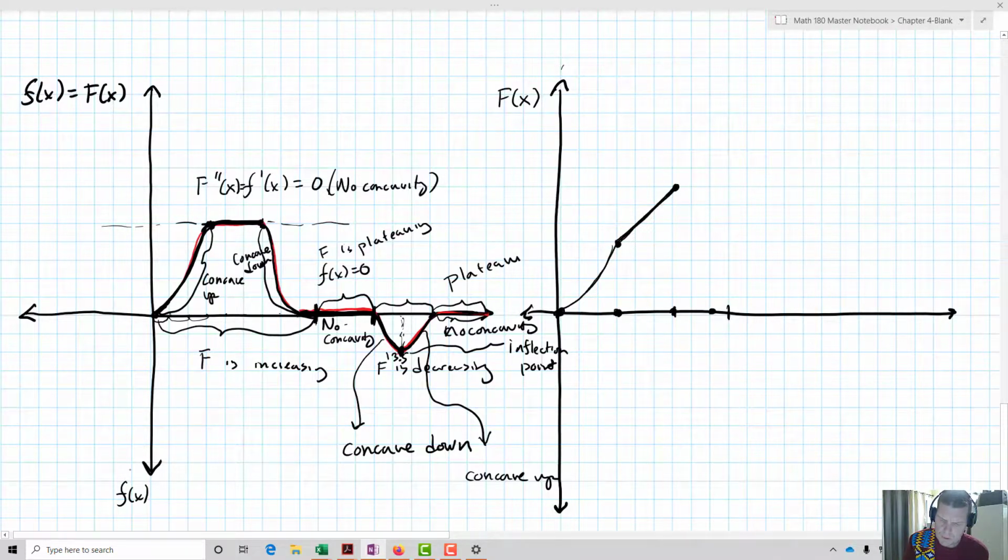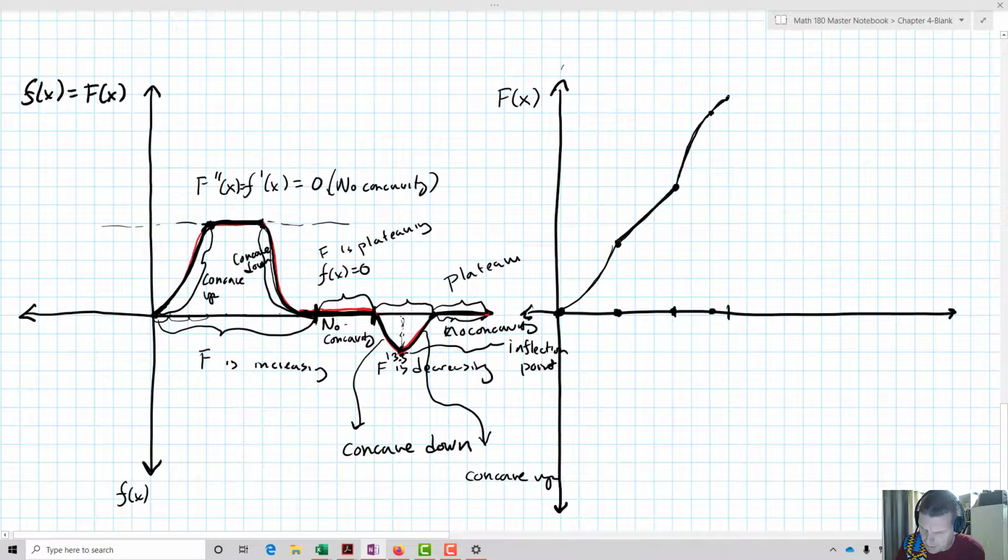Then what I'm going to notice is that once I hit 6, from 6 to 9, okay, from 6 to 9, f is decreasing, and so hence it's concave down. So we're now going to make it concave down. All right. There's the concave down piece. Let's make it a little bit further up.